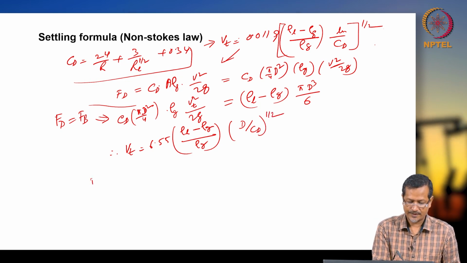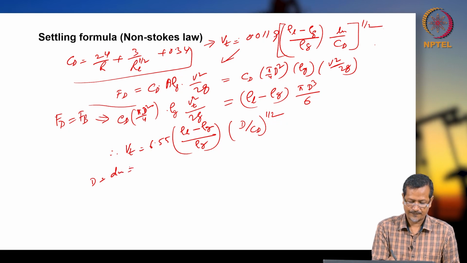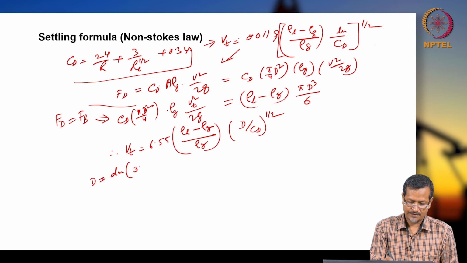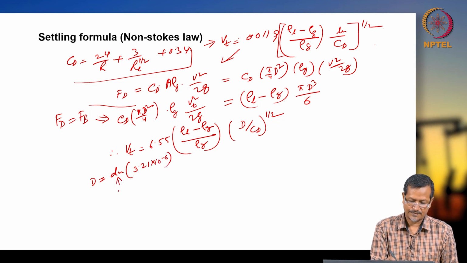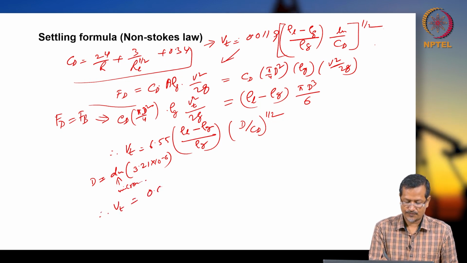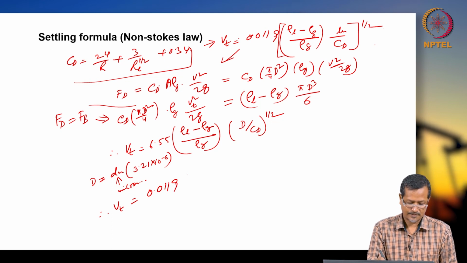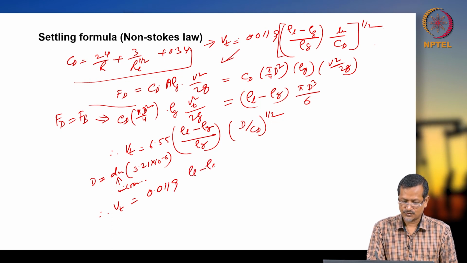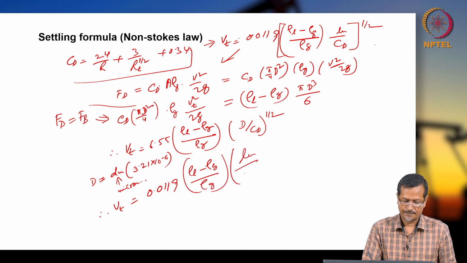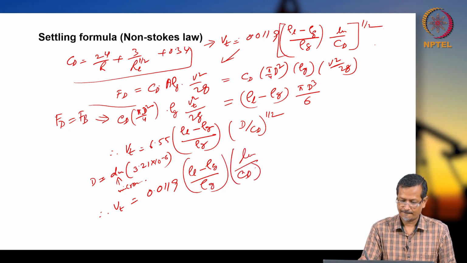Now if I put d equals dm, converting units, 3.21 into 10 power minus 6, d in micron, then Vt becomes 0.0119 rho L minus rho G divided by rho G, dm by CD.